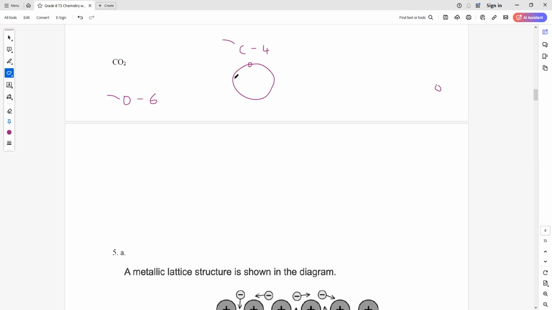So I have to denote all the electrons in carbon as dots, right? Like this. And I will denote the electrons in oxygen using crosses, right? How? Like this, as we have already drawn for the O2 molecule.